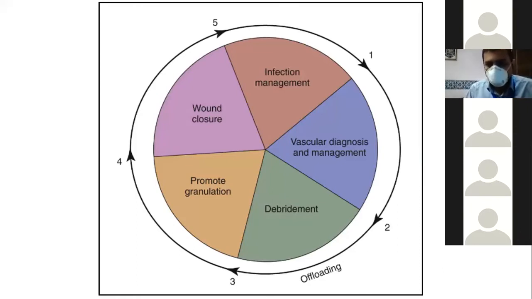There's not going to be granulation tissue. So our aim of wound healing should not be only revascularization. We also have to correct diabetes. We also have to see how we can improve wound healing by offloading and debridement. And the holistic approach means correcting the patient's systemic problems also.